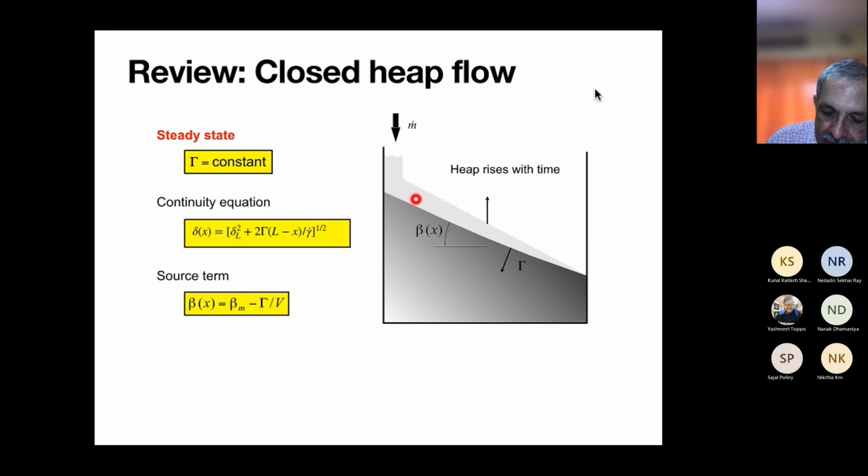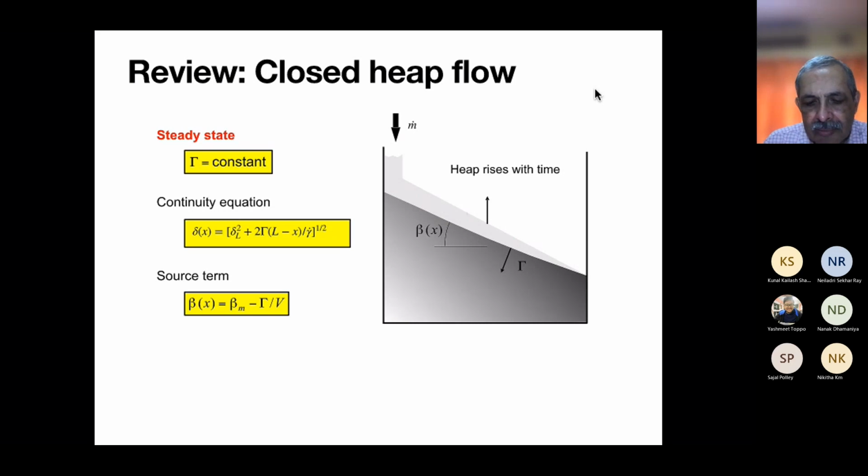The thickness will be highest here, and then it will decrease to 0 at the end. In this case, of course, this deposition rate is constant, so that's why this profile angle remains constant, and this heap rises. And we could get how this layer thickness varies and how the angle also varies.